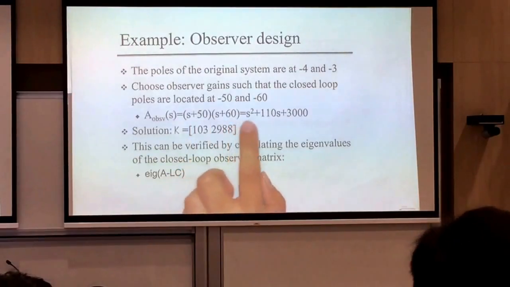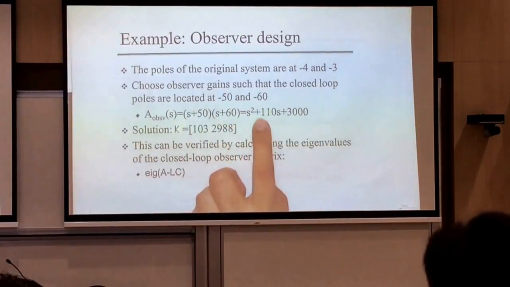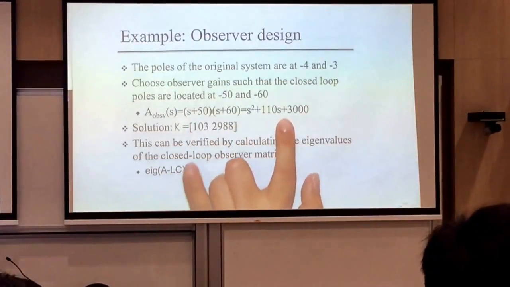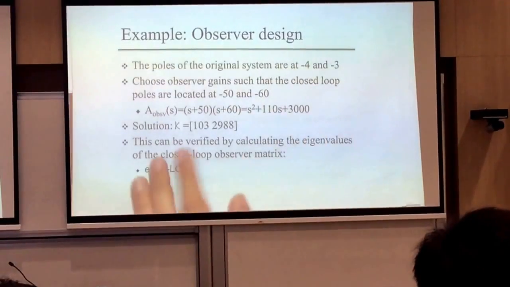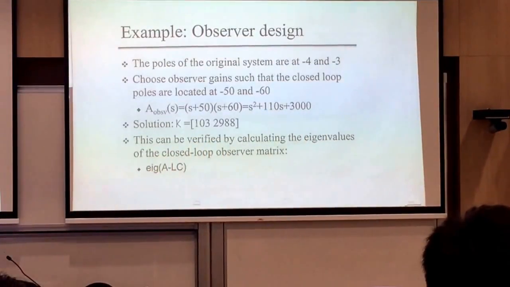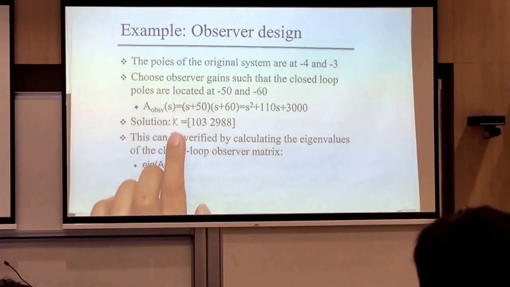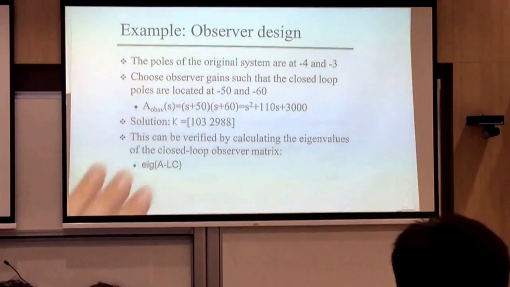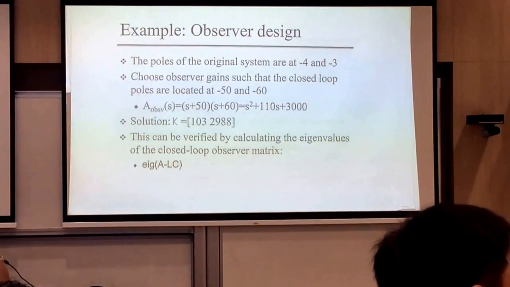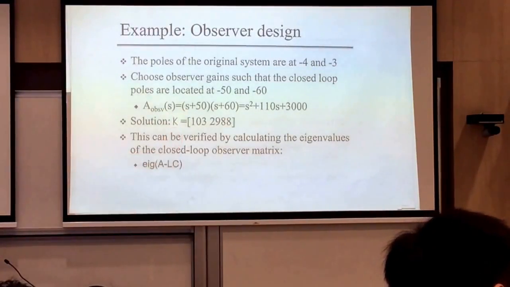Multiply them out: s squared plus 50 plus 60, so 110s, plus 50 times 60, 3000. And I tell you the solution is this. It's strange that I wrote K here, right? I'll tell you why later. If you use Ackermann's formula, that is K.